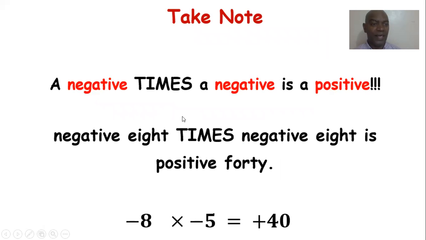Take note again, a negative times a negative is a positive. That's the 2-sign rule. -8 times -5 is a positive 40. A negative times a negative is a positive. The 2-sign rule.